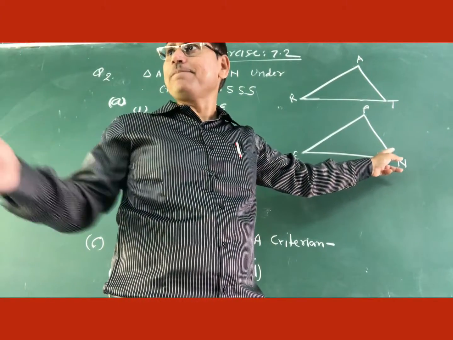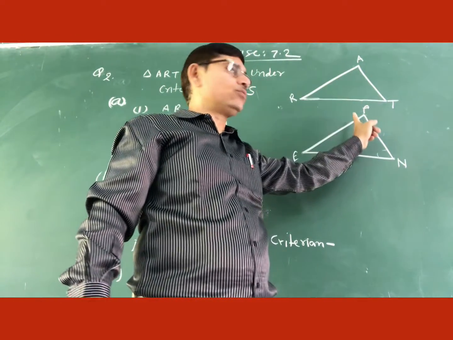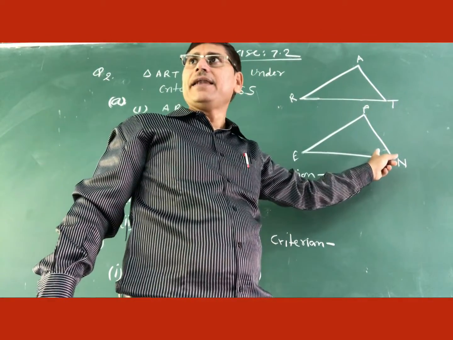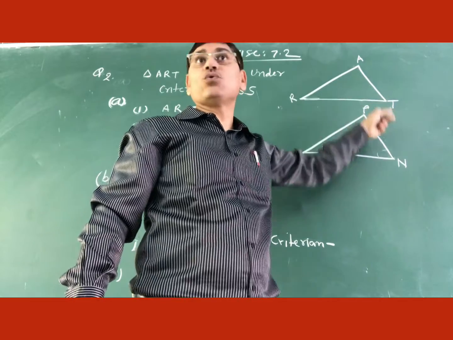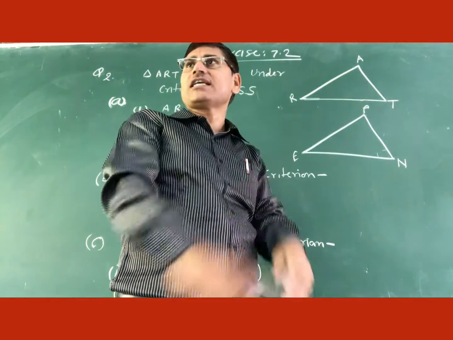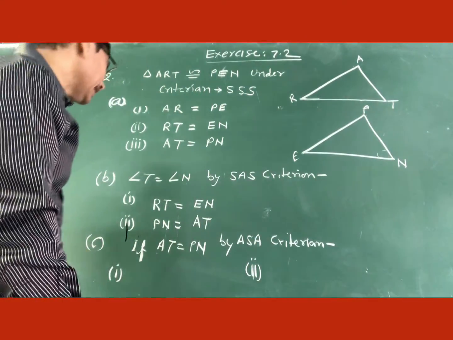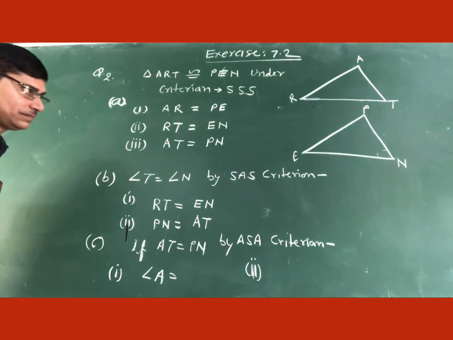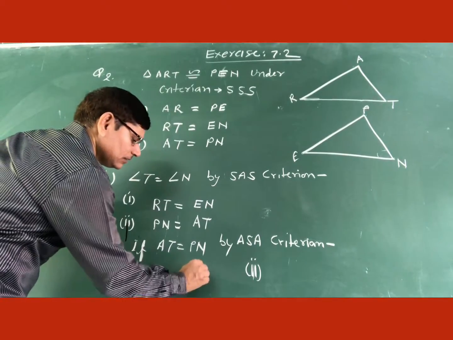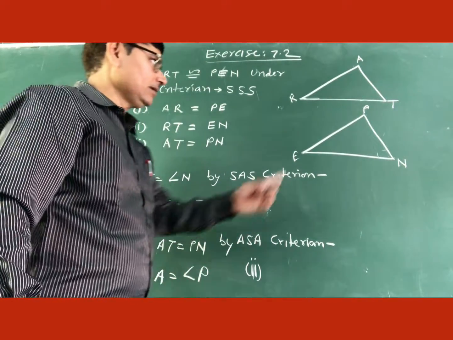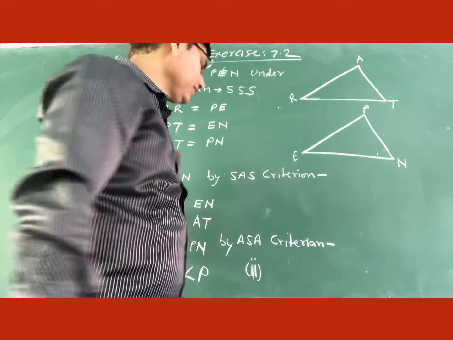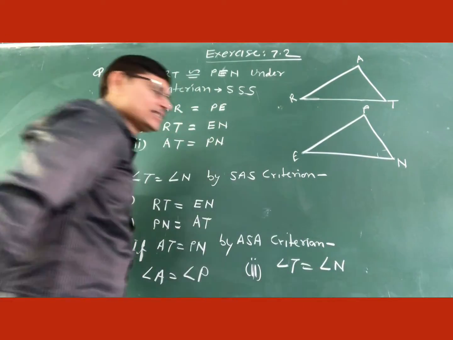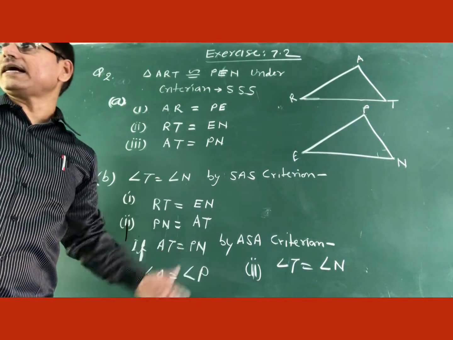It means 100% this angle is equal to this angle, and angle T equals angle N, and this is the included side, meaning the side between them. So what you have to write here, children, is angle A equals angle P, correct, and for the next, angle T equals angle N. So this is the answer of this question.